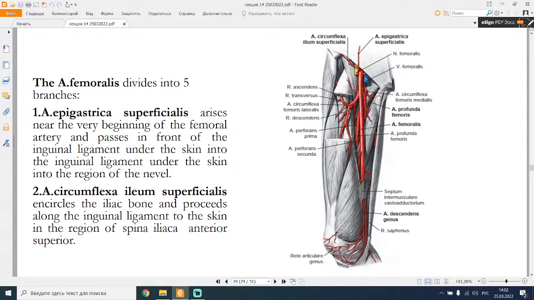This is the symphysis pubis. This is arteria epigastrica superficialis and arteria circumflexa ilium superficialis.